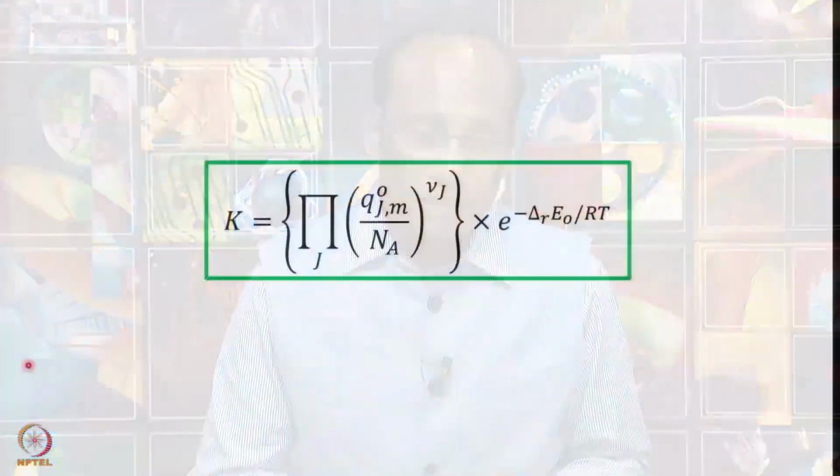In statistical thermodynamics, we are interested in connecting equilibrium constant with partition function, and that is what we did in the previous lecture, where we connected equilibrium constant with molecular partition function by the expression on this slide.